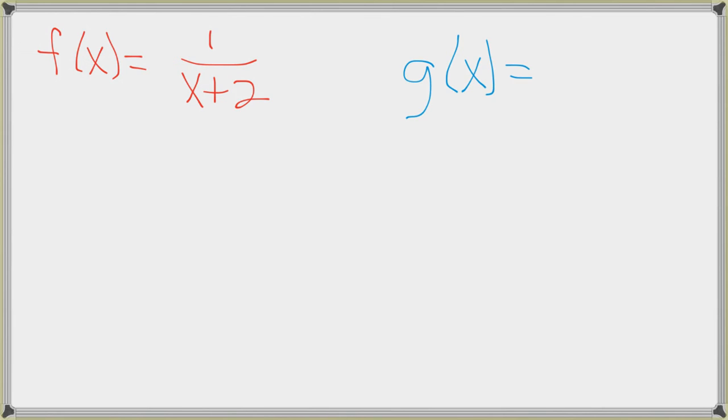There we go. F of x equals 1 over x plus 2. G of x equals 1 over x minus 2. Now we want to see if these are inverses. So we're going to plug g into f, and we're going to plug f into g, and we're looking to see if everything cancels out.